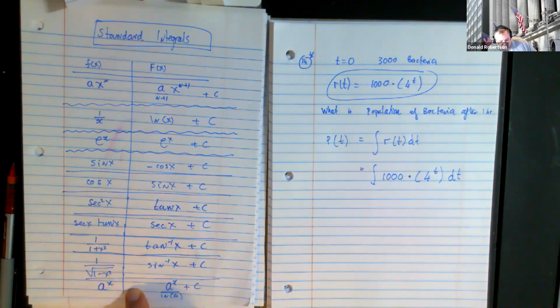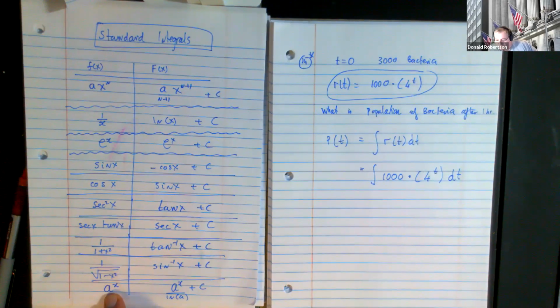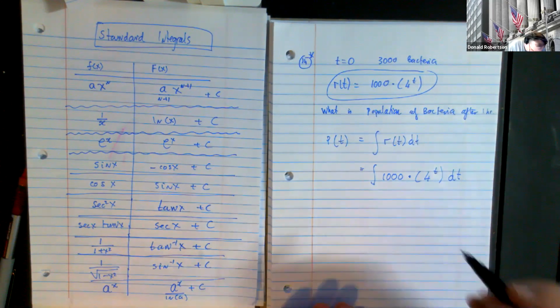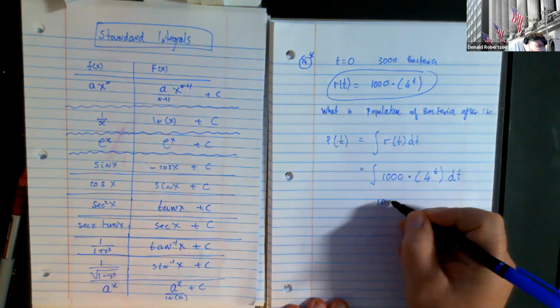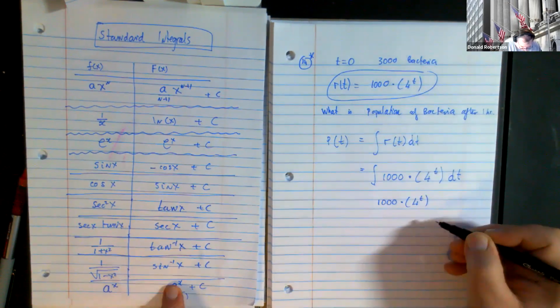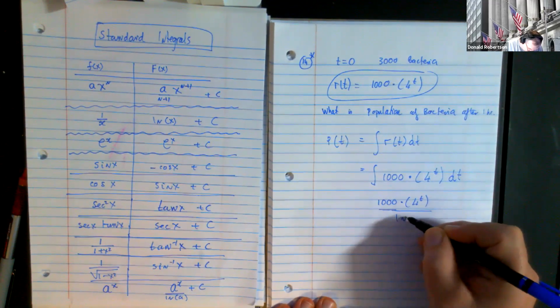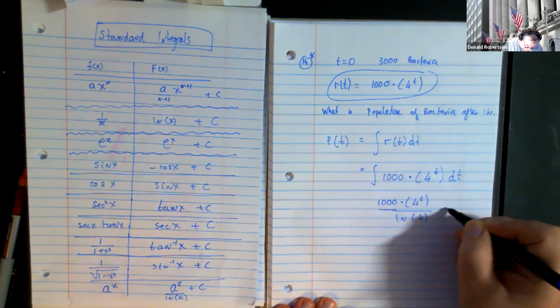Do you see this last one? This is the antiderivative of 4 to the t, 5 to the t, 4 to the x, 5 to the x, right? This one right at the bottom. So the antiderivative is going to be 1000 times 4 to the t divided by the natural log of 4 plus c.